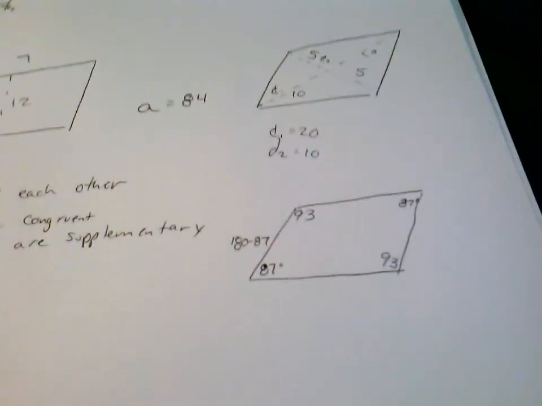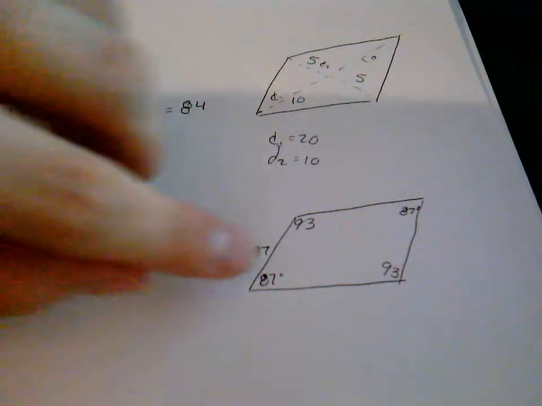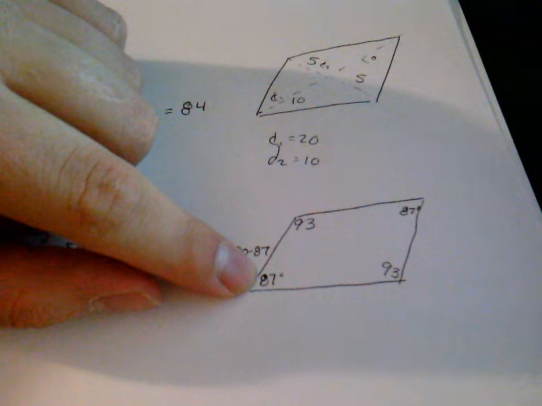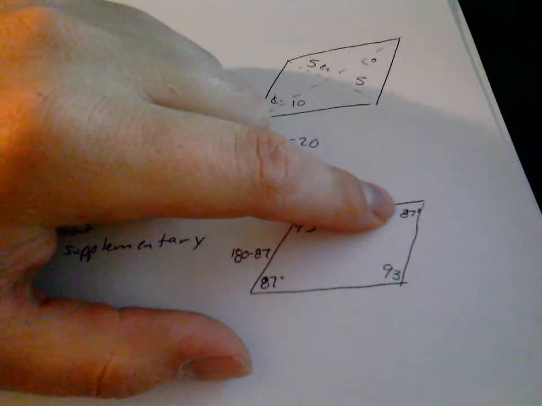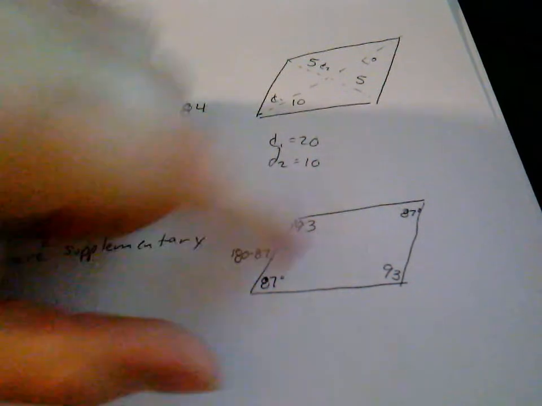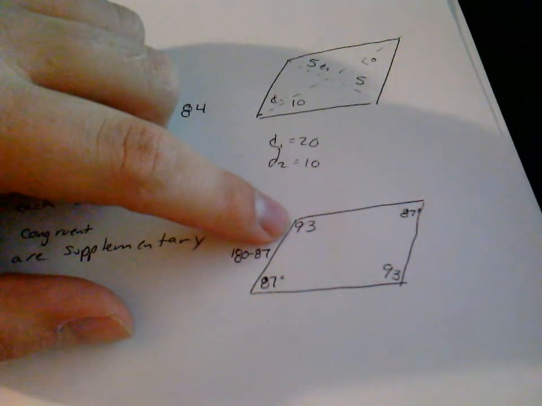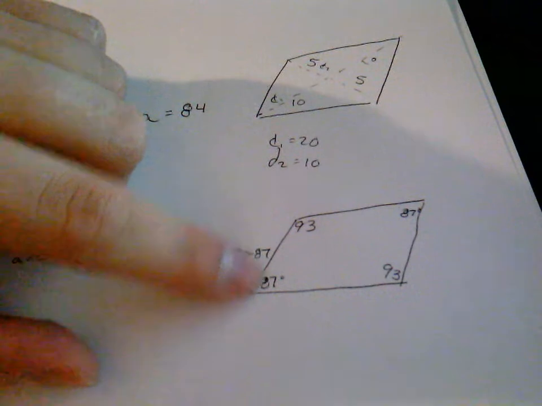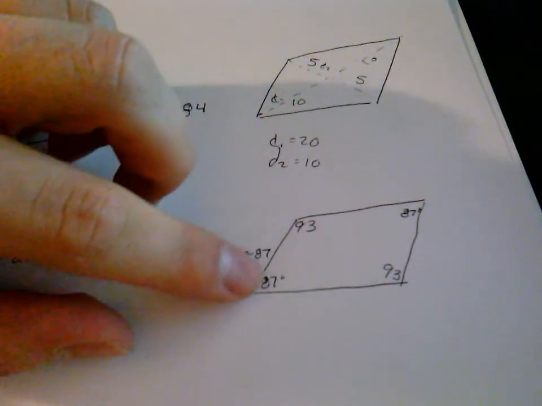Finally, you have angles. So, if I gave you one of these angles, let's say I gave you 87 right here. The first step you would know is that the opposite angle is also 87 because it has to be the same number. To get to this one right here, I know this one's 87, and I know both of these, the same side angles, have to add up to 180 degrees.